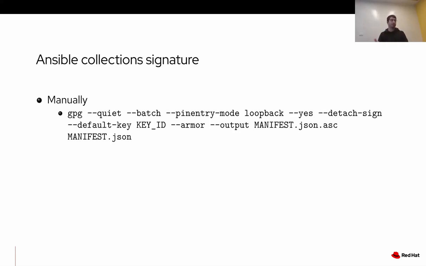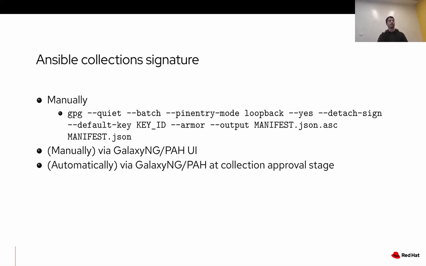And here we are also using GPG again. We can use it directly, or we can also use it through Galaxy NG or a private automation hub, that automation hub box that we described before, either manually or automatically based on the approval policies. But in the end, it's still GPG working behind the scenes to ensure that we have those signatures as soon as we receive the code, which allows us to check at every single step that the code that we have is exactly the one that we had at the beginning.